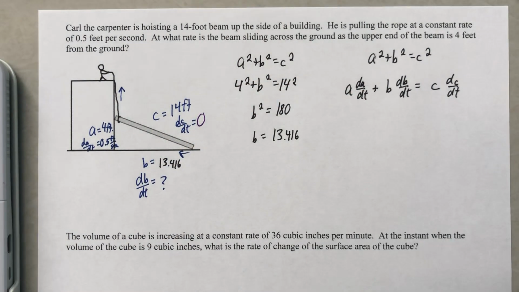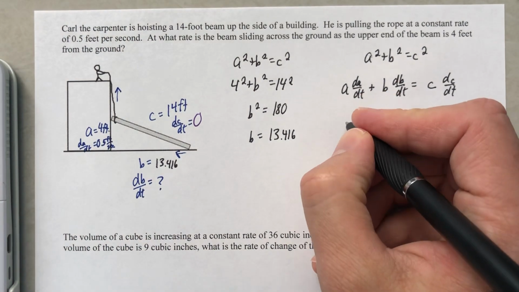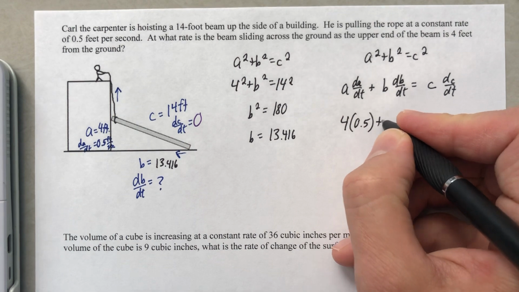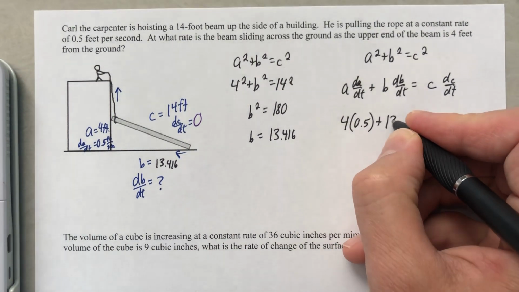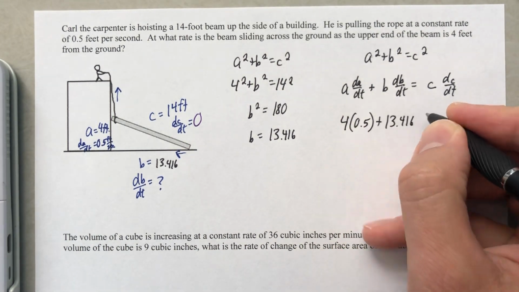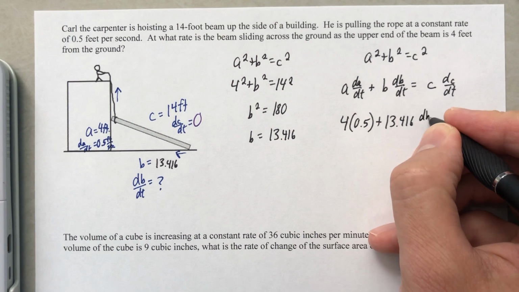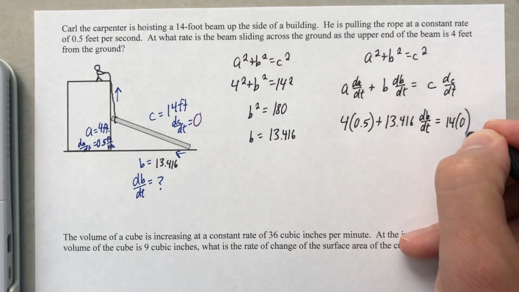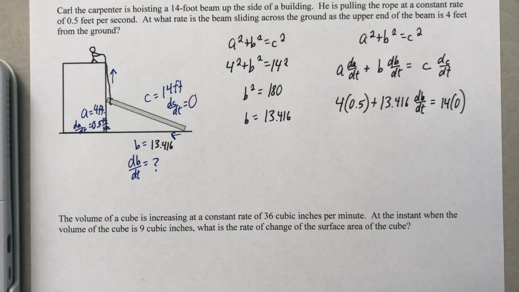No, not at all. So let's come back over here and finish our work. 4 times 0.5, that's 2, plus b, which is 13.416, times the thing we don't know, equals 14 times 0. That works out pretty well for us.